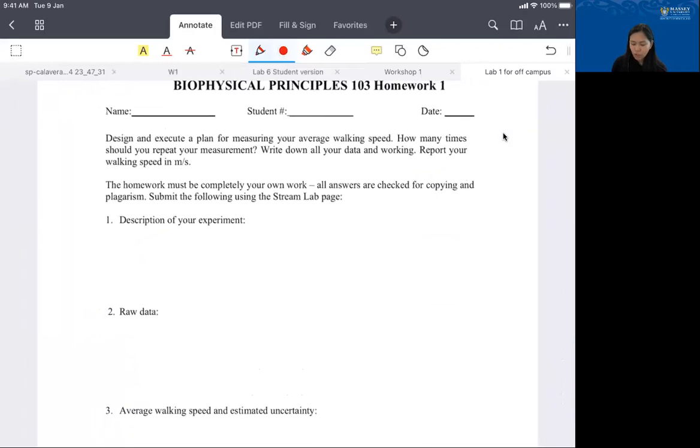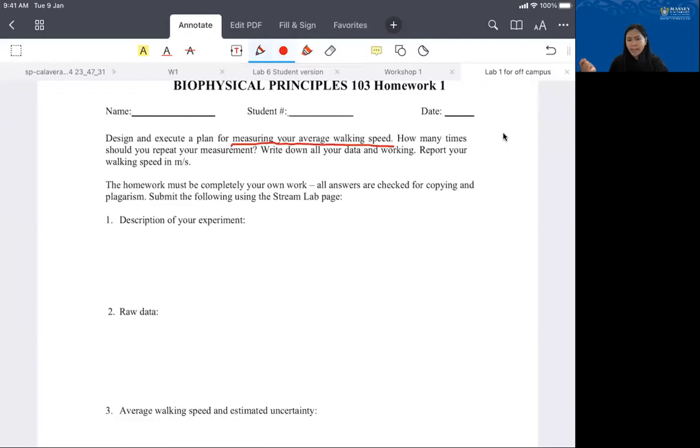Here you will be asked to design and execute a plan for measuring your average walking speed. For this homework, you really just need a stopwatch. You can use the regular stopwatch or the stopwatch on your phone, and a measuring device, like a tape measure.